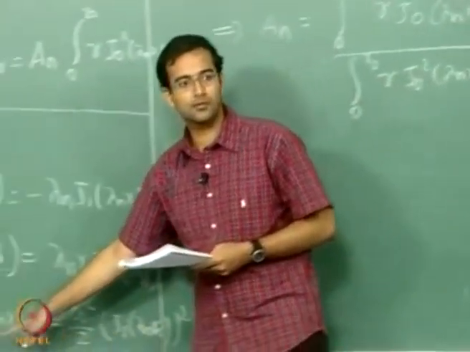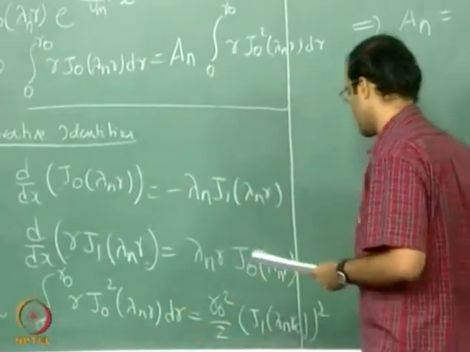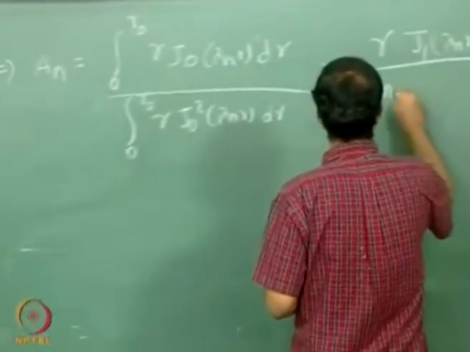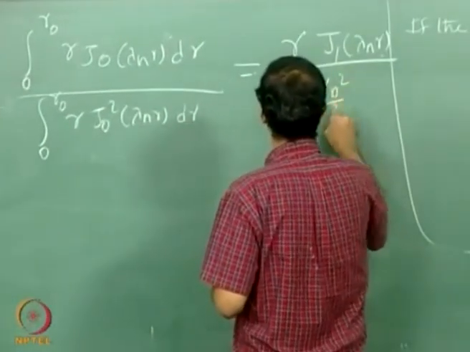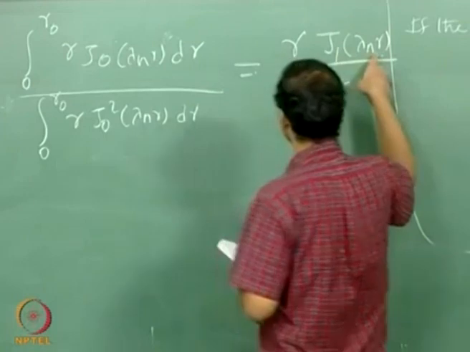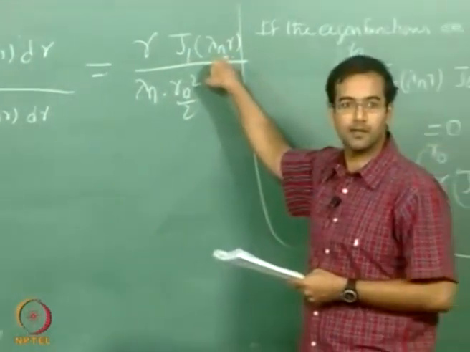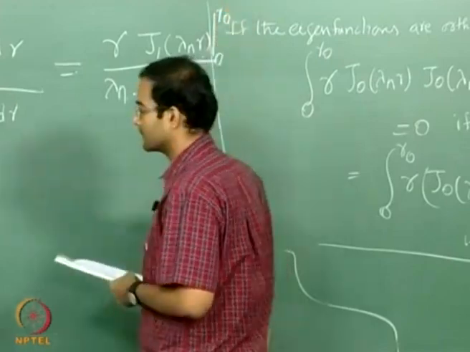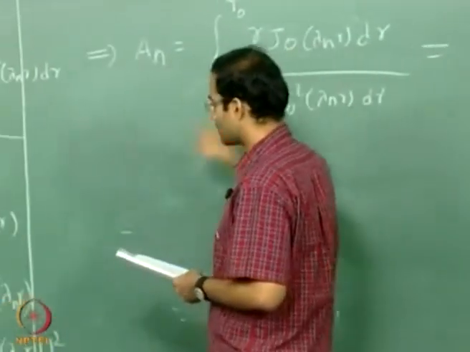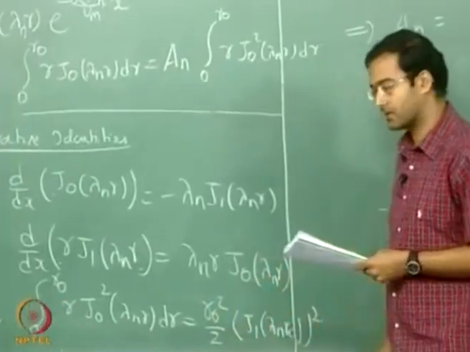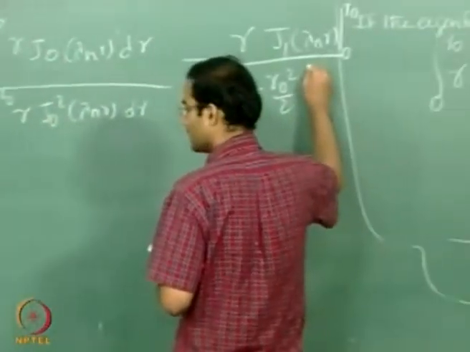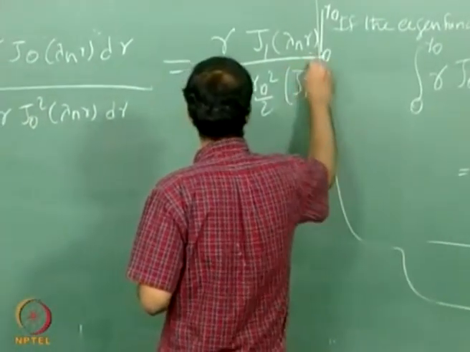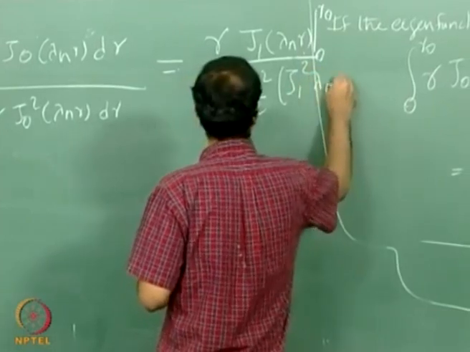So that is, you use this identity number 3, that should be r naught square by 2. Now of course when you integrate it you have to apply the limits here. This is between 0 to r naught, and when you integrate this from 0 to r naught you directly get this particular expression r naught square by 2 into j1 square lambda n r naught.